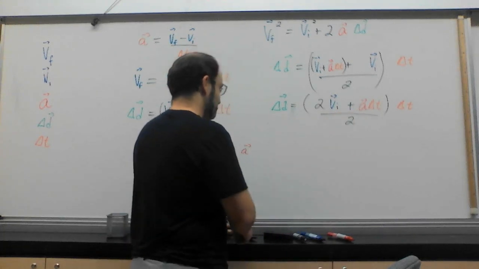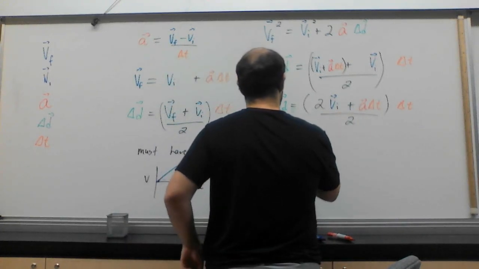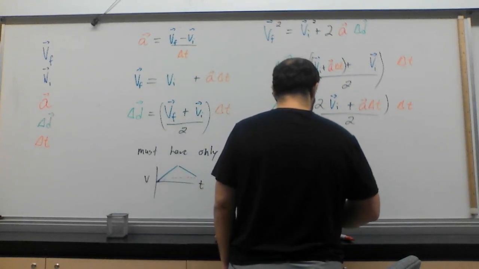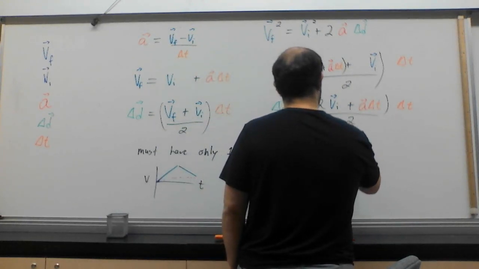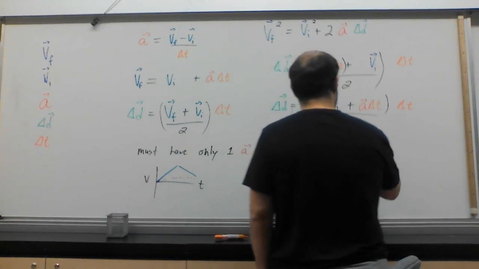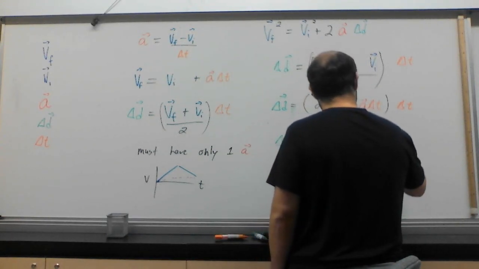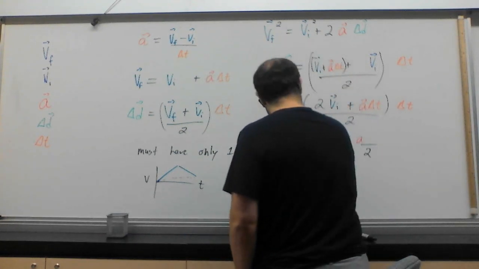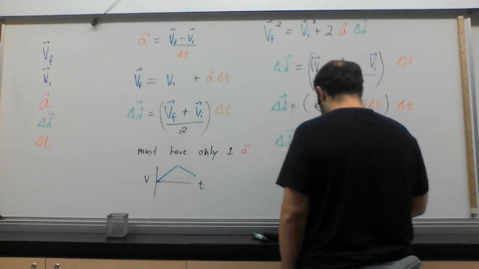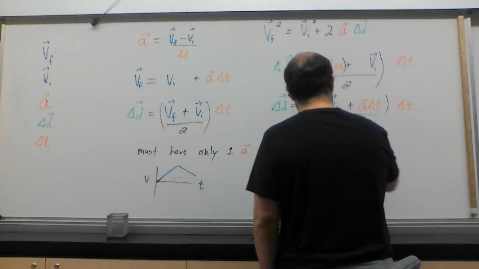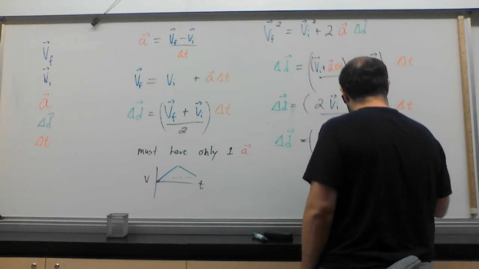So instead, I'll get something that looks more like this: delta D equals VI plus A delta T over 2, and all of that is going to be multiplied by a delta T.